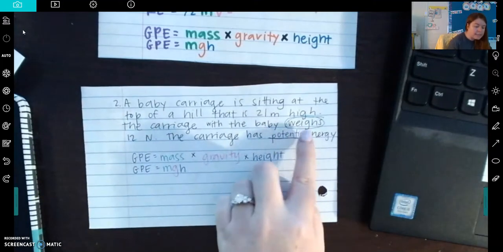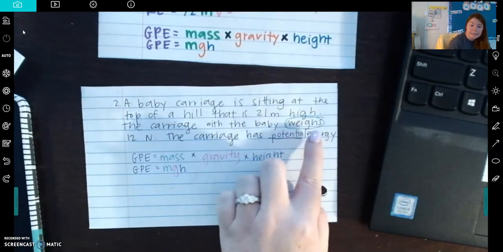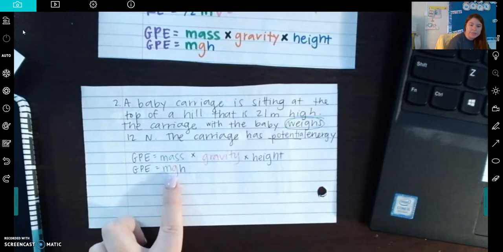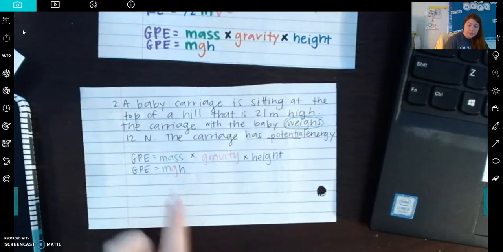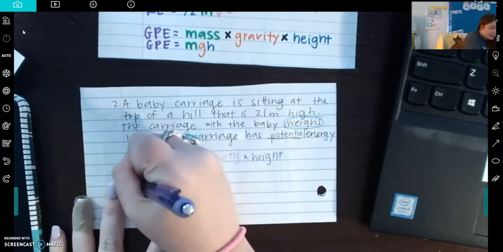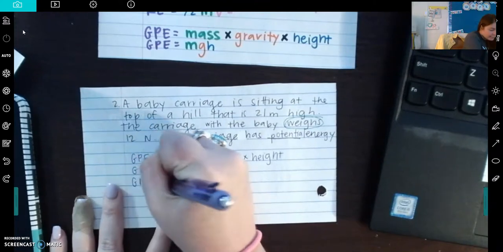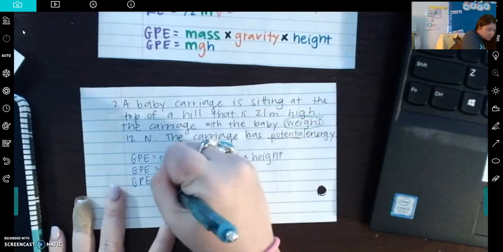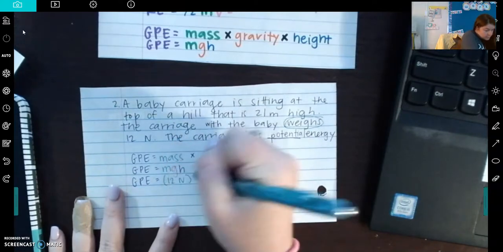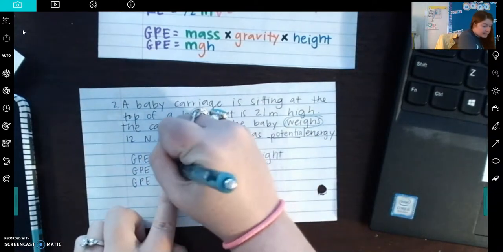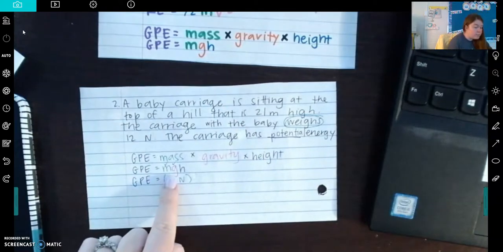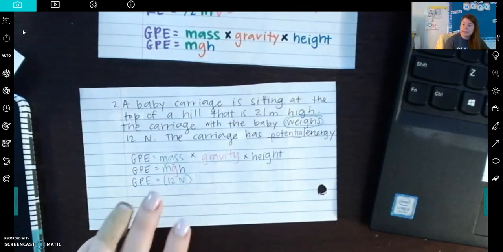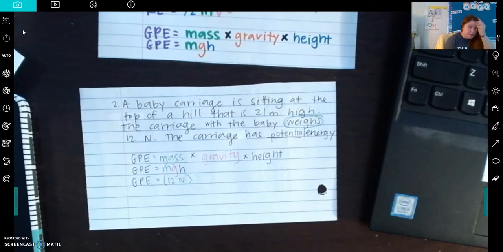But because it says this word weighs, it means both of these have already been included. So what I should put on my paper is GPE equals 12 newtons, which will check off my mass and my gravity. Your weight is your mass times gravity on the planet that you are on.